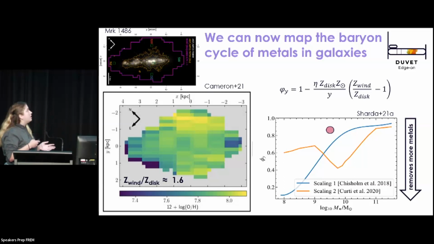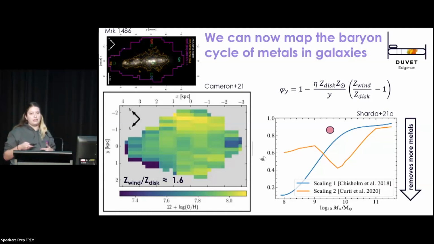So how can we translate this to something that we can input into models like the ones that I showed you for the mass-metallicity relationship? There is this parameter, pi y, which essentially tells me how many metals are retained by a galaxy. So the higher pi y, the more metals are retained by the disk, and the lower, the fewer.